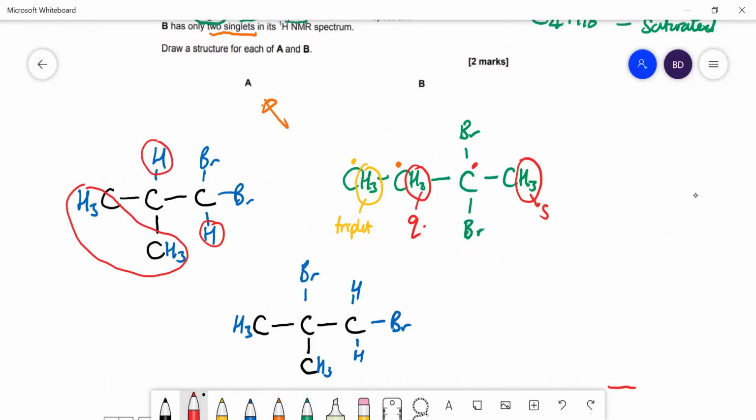Okay, so that, look, these will give you 1 peak. They're the same, and they're the same. Are they both singlets? Well, they are, because if you look at the carbon next door for these ones, that carbon hasn't got any hydrogens. And also that is the carbon next door to these 2 in the green, yeah? So that would be 2 singlets. So that is the answer.